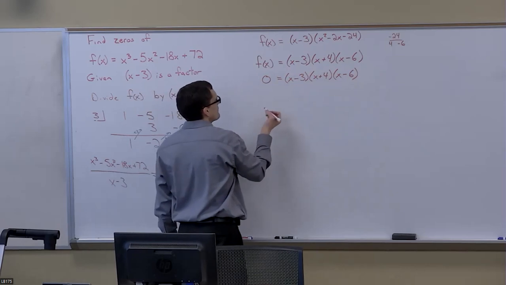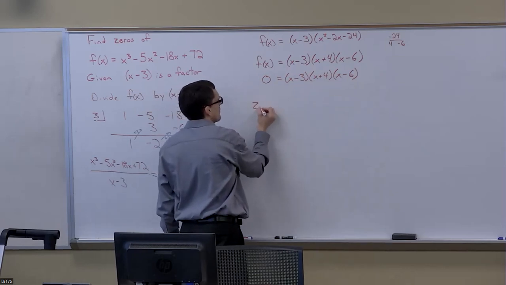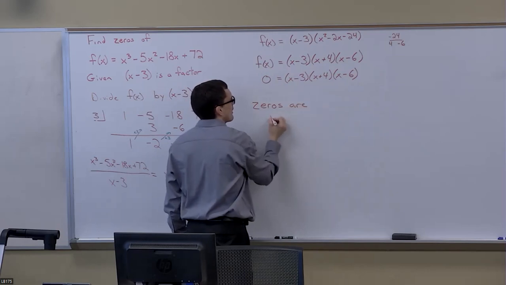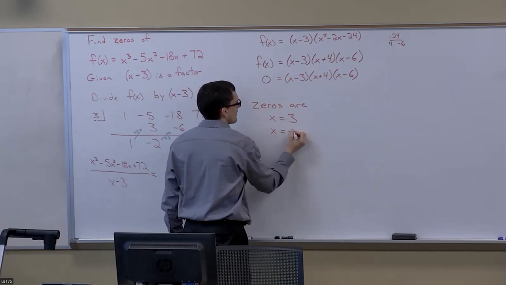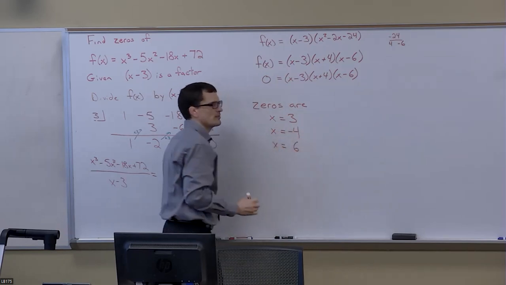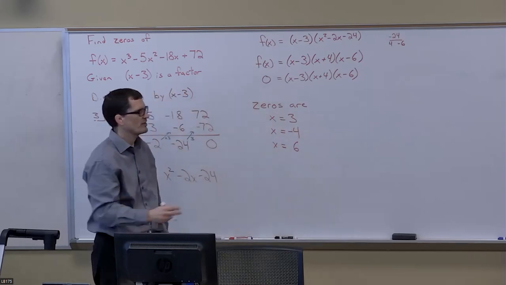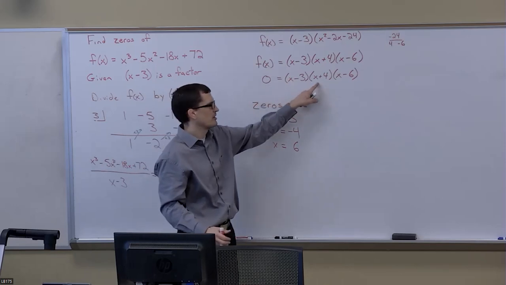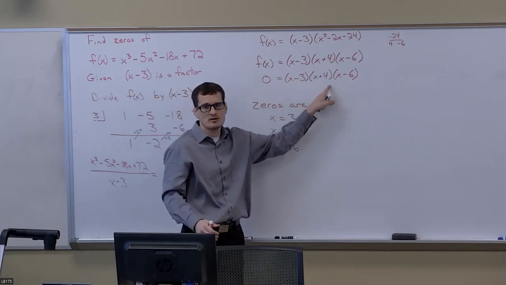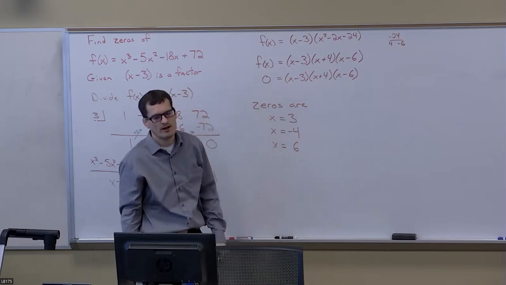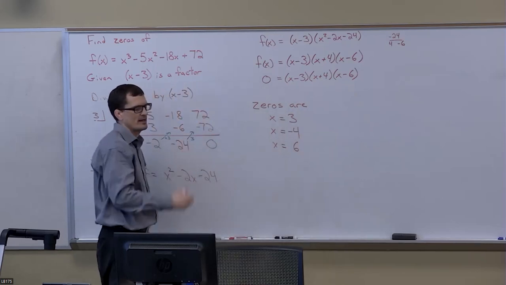And so the zeros are x equals 3, x equals negative 4, and x equals 6. Hopefully we can do that in our head. What do you plug in here to make 0? What do you plug in here to make 0? What do you plug in here to make 0? All right, I think we've done enough of that type of thing.